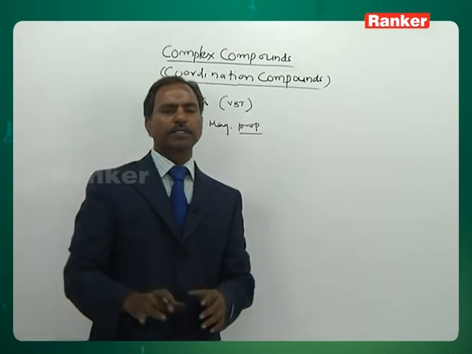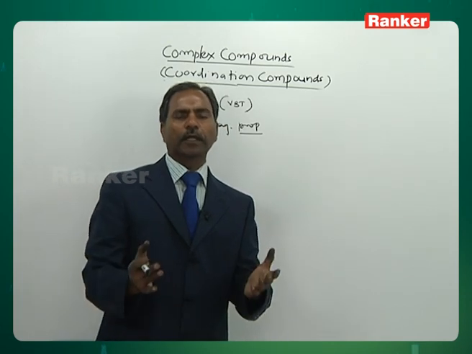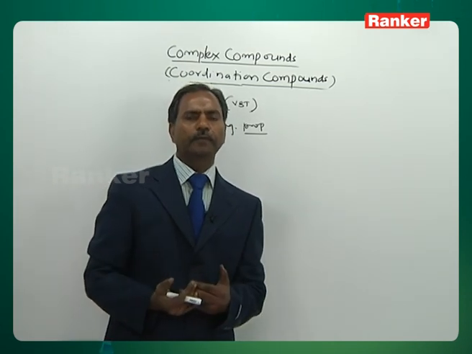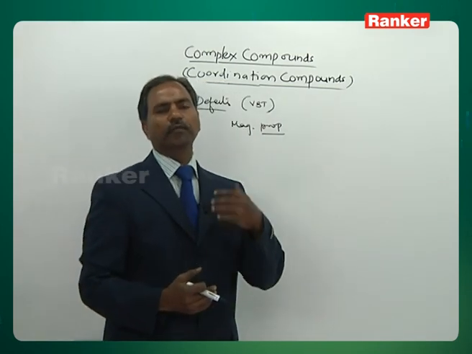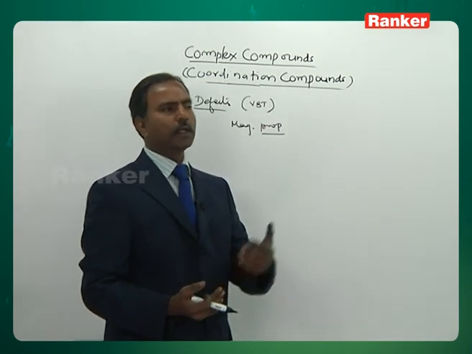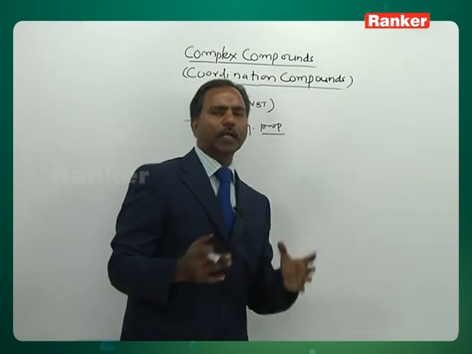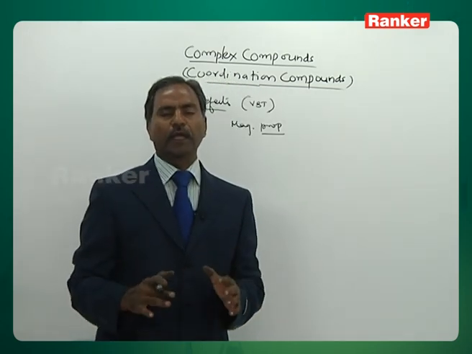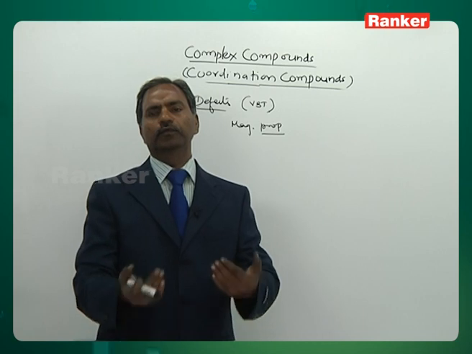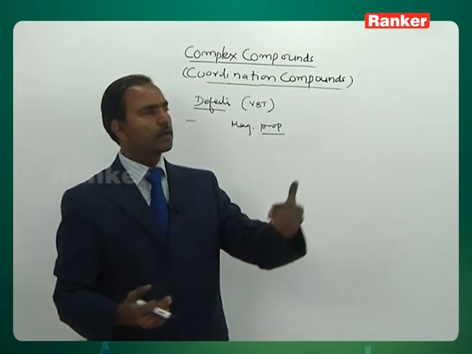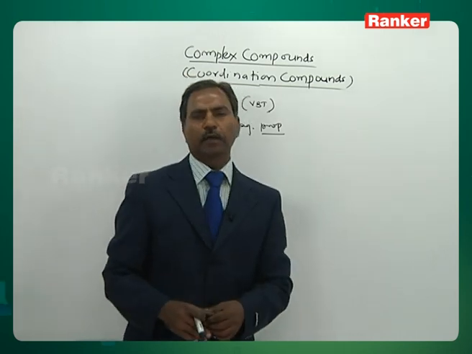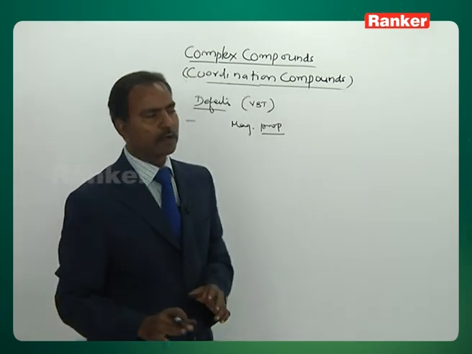When that balance showed diamagnetic nature, he said inner orbital. If it showed paramagnetic nature, he said that is an outer orbital complex. Based on the magnetic property only, he decided which is an outer orbital complex and which is an inner orbital complex. Diamagnetic inner, paramagnetic outer. So this theory is completely based on the magnetic properties of the complexes.